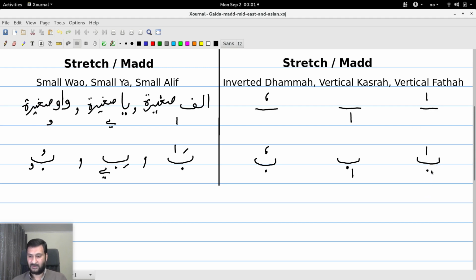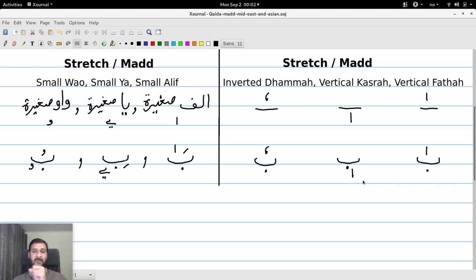This is an example, letter Ba. It just has this vertical Fathah. We call it vertical Fathah. It does not exist in the Middle Eastern version, so it's an Asian version. Vertical Fathah, it's a new term. Ba, vertical Fathah. Ba, exactly the same amount of stretch. Ba, vertical Kasrah, beneath, vertical Kasrah. Bi, the amount of stretch is the same. Bi, opening and closing the finger.